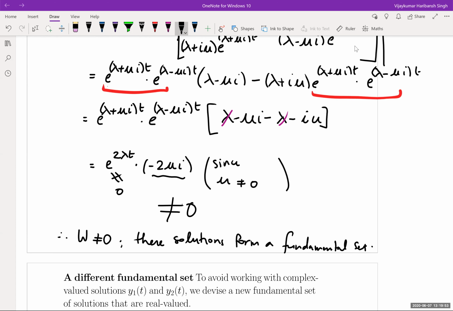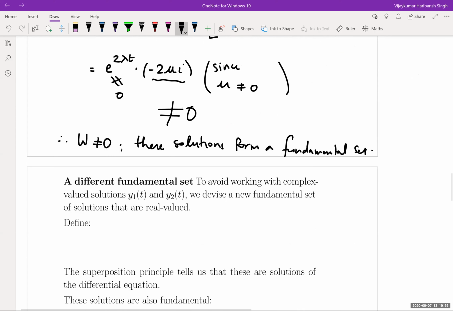However, we are interested in avoiding complex valued functions y1 and y2. So we'll devise a new set of fundamental solutions.